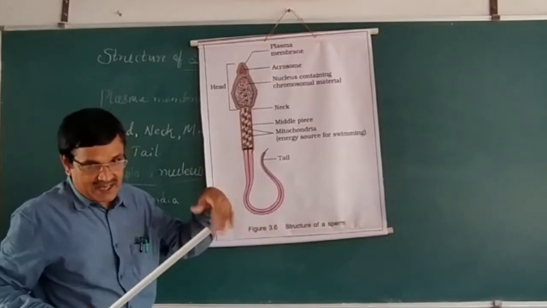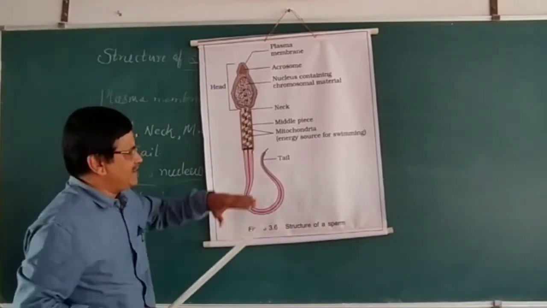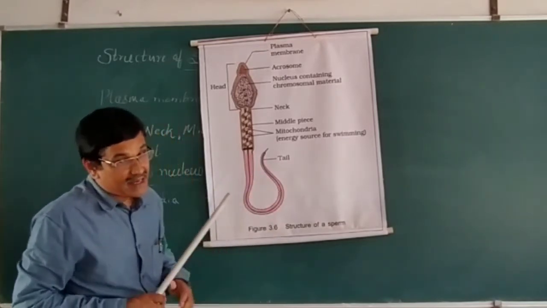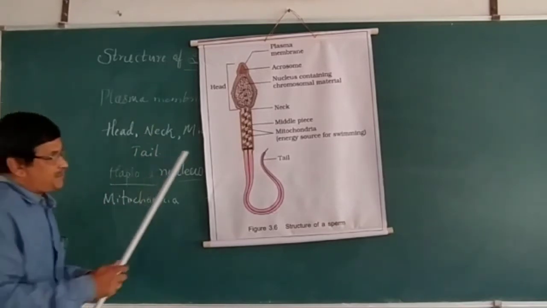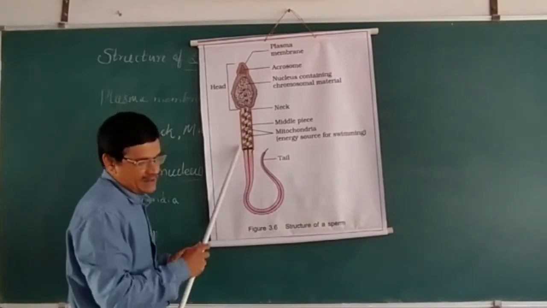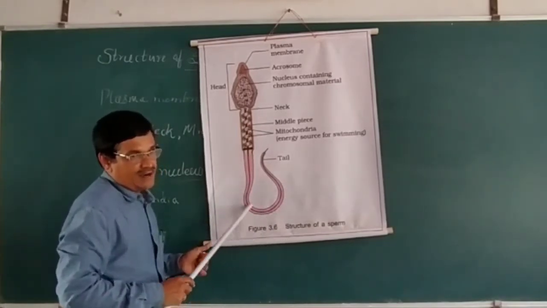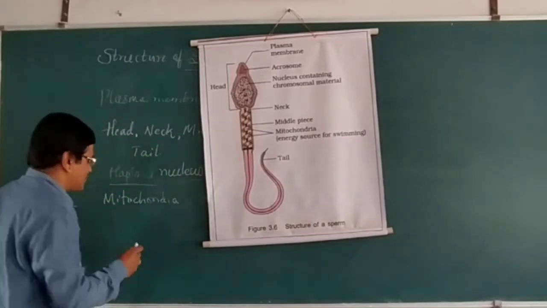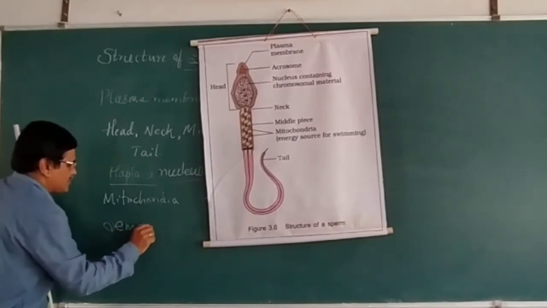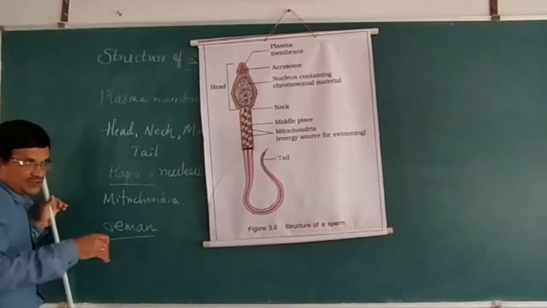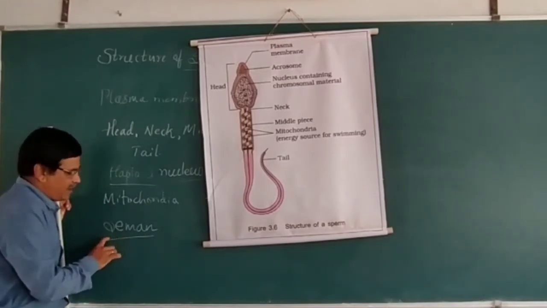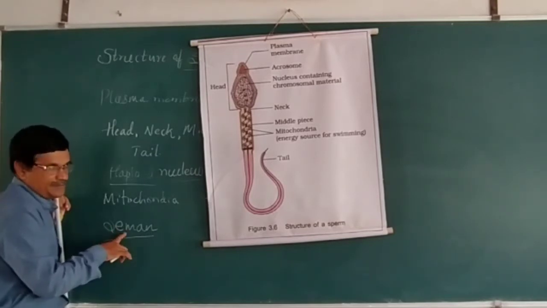They secrete enzymes and other materials, generally known as seminal plasma. The sperm released by the seminiferous tubules, added with the seminal plasma, is now called semen. So semen is nothing but the secretions of accessory glands and accessory ducts along with the sperm.